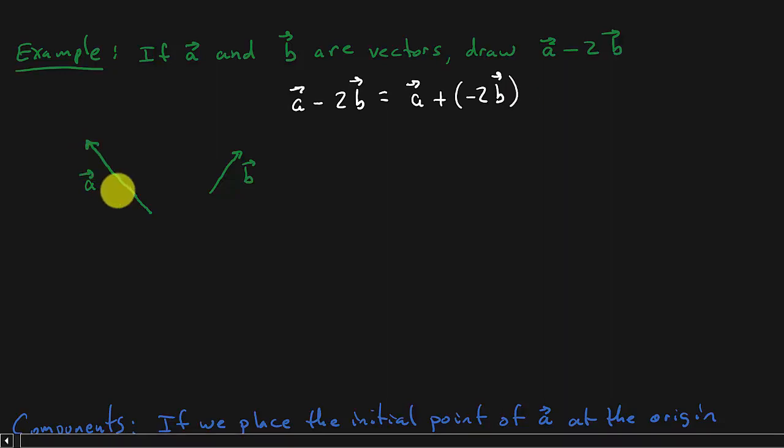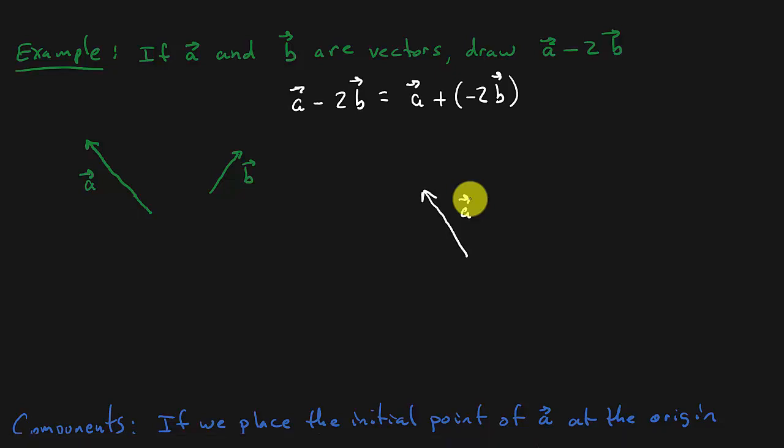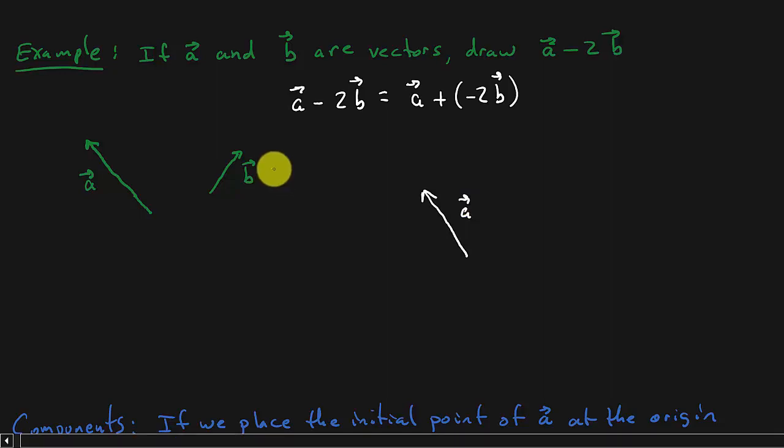So now we have vector A. So let's draw vector A. All right, so there's A. Now we need to add -2 times vector B. So let's just come over here. Here's vector B. So -2 would be twice the length, but in the opposite direction. So this would be -2 vector B. And so how do we add vectors?